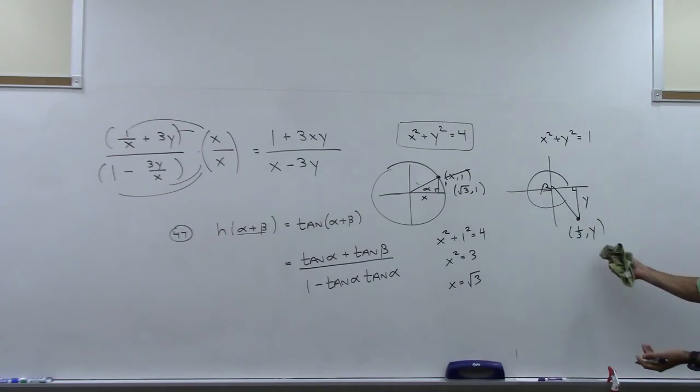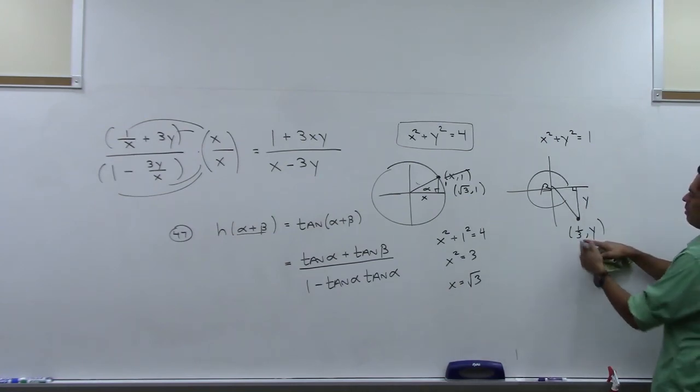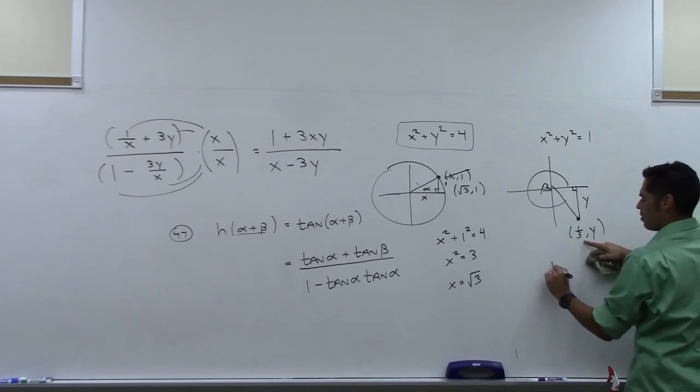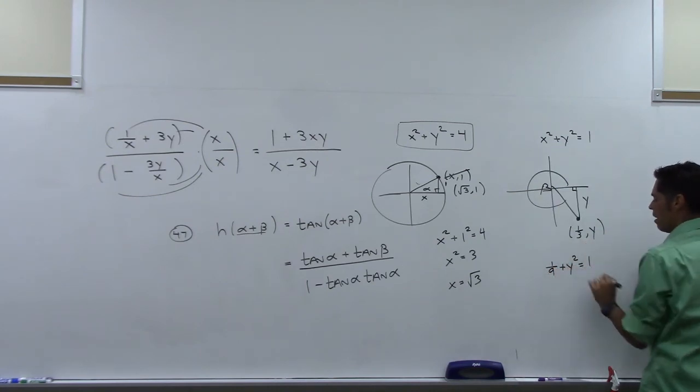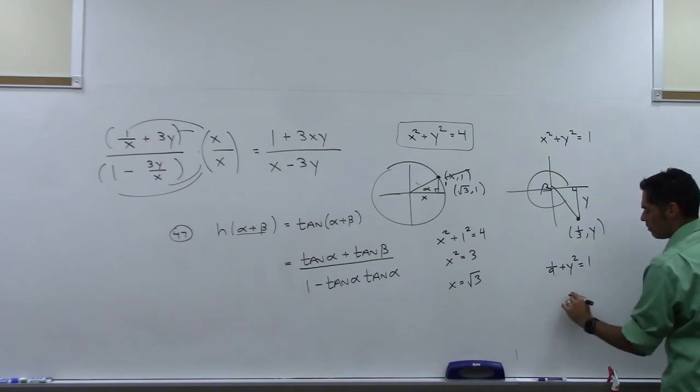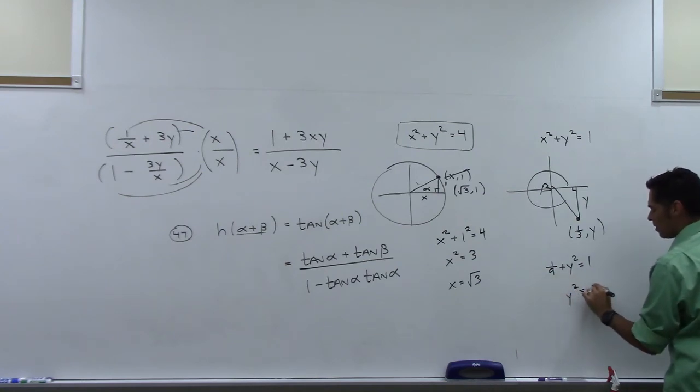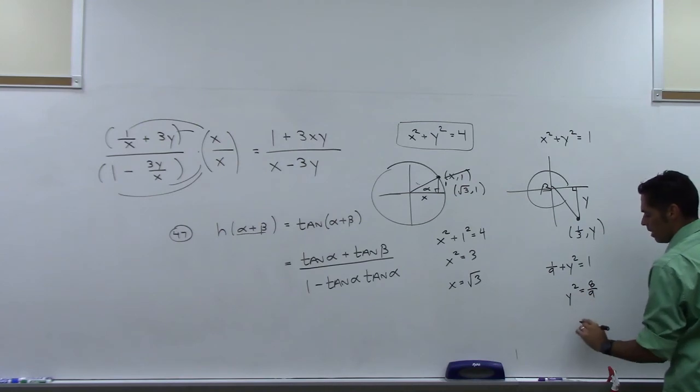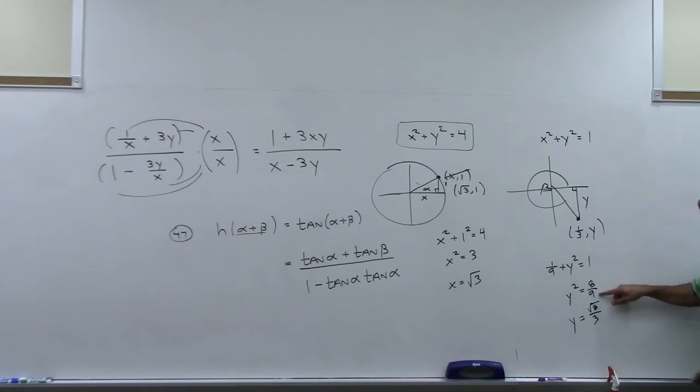And then if you do the same thing over here, you can replace the x here with 1/3, so 1/9 plus y squared equals 1. If you subtract 1/9 from both sides, you get y squared equals 8/9. And then you could do plus or minus the root 8/3. So you do the root on top, root on bottom.